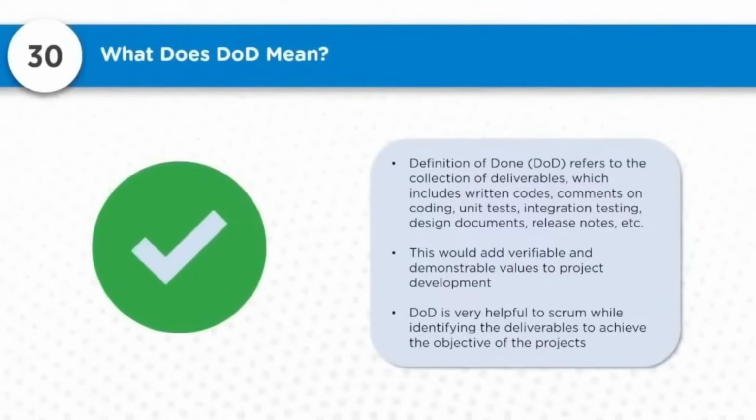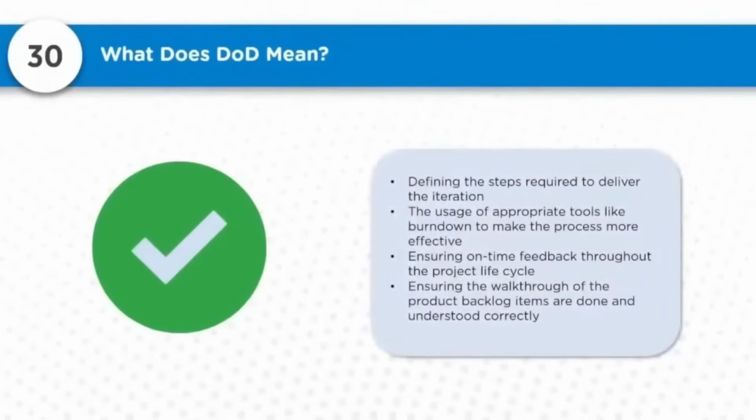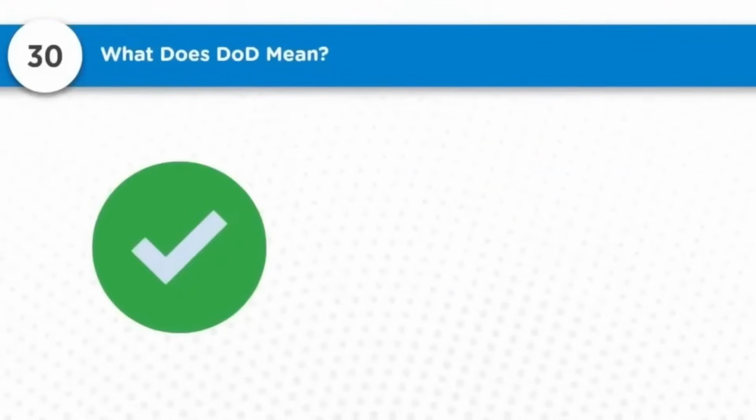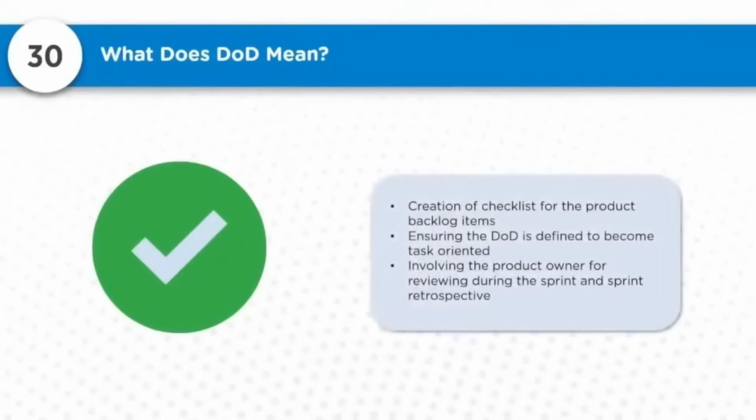So DOD is very helpful to Scrum while identifying the deliverables to achieve the objectives of the project. It involves defining the steps required to deliver the iterations, using appropriate tools like burn down to make the process more effective, ensuring on-time feedback throughout the project lifecycle, and ensuring the walkthrough of the product backlog items is done and understood correctly. Then create checklists for product backlog items, ensure the DOD is defined to be task oriented, and involve the product owner for reviewing during the sprint and sprint retrospective.